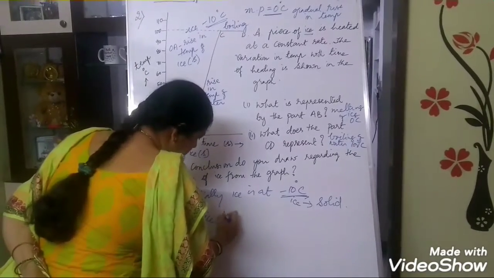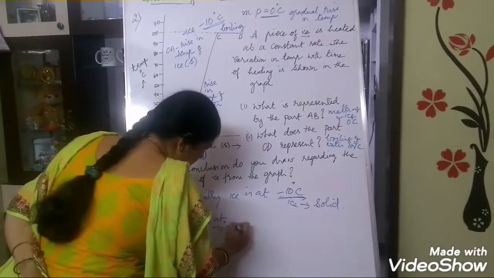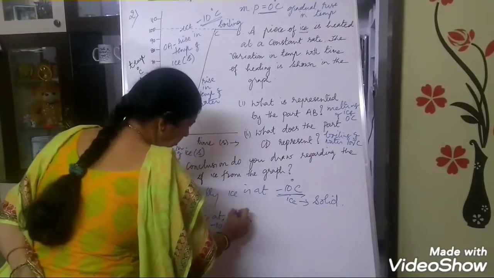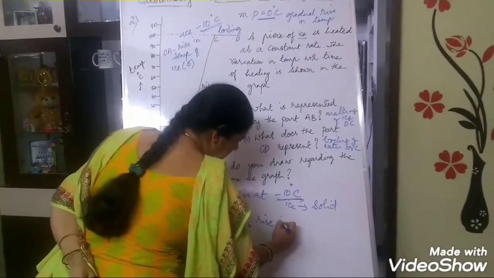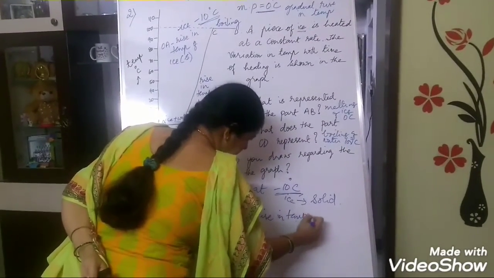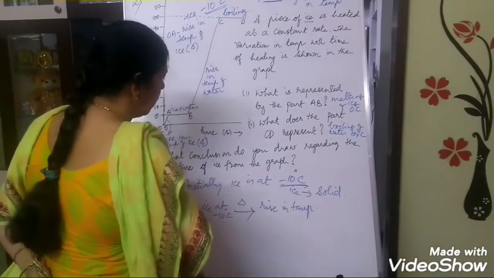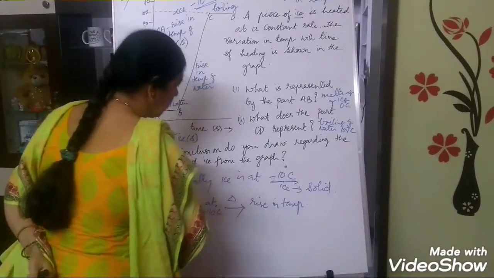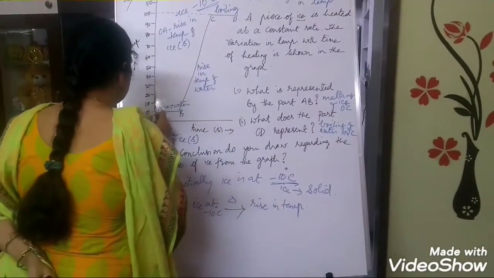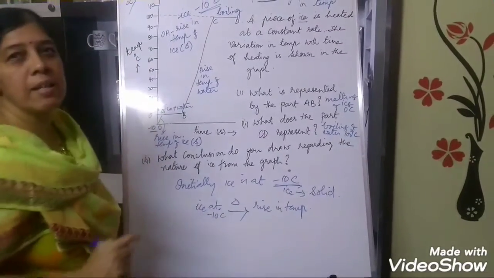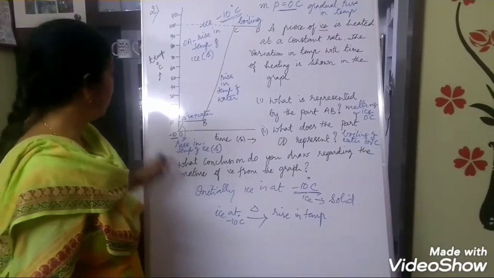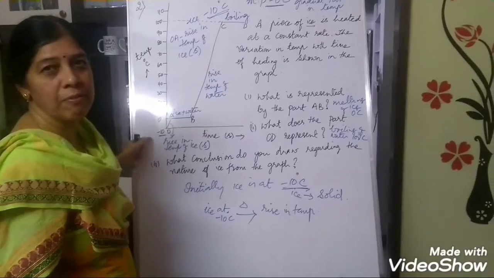Ice at minus 10 degrees Celsius, when heated, there will be rise in temperature. To what temperature? The temperature rises up to 0 degrees Celsius. Then at 0 degrees Celsius only the ice starts melting. So this is the solution for this graph.